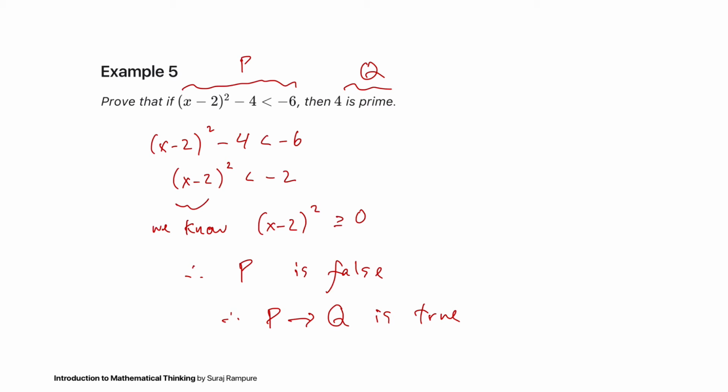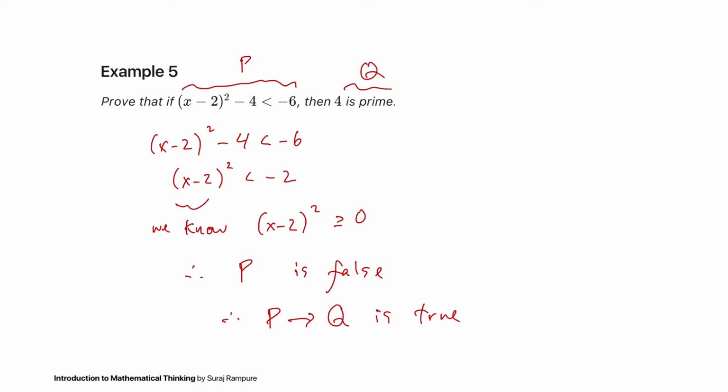Is that clear? We're not proving that 4 is prime, because it's definitely not. All we're saying is that the implication itself is true. And so this is a good exercise in getting you to think about implications as being propositions themselves that just happen to have a truth value.